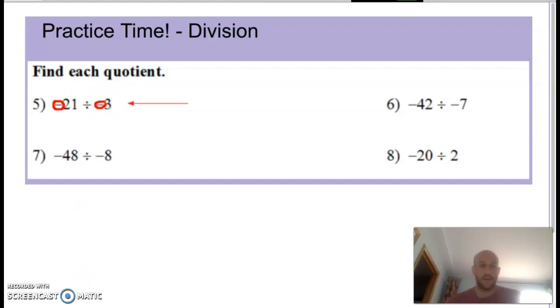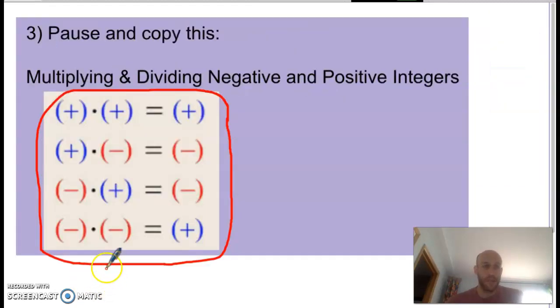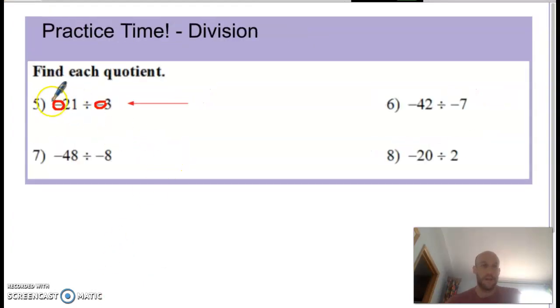So let's look at our resource. A negative times a negative is a positive, so a negative divided by a negative is also a positive. The rules are the same. Negative divided by negative, positive answer. 21 divided by 3 is 7.